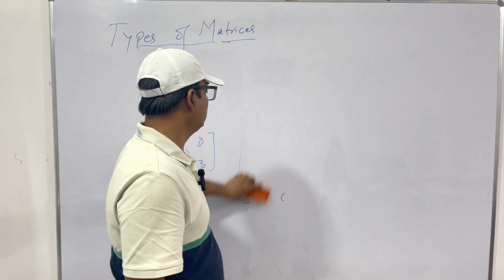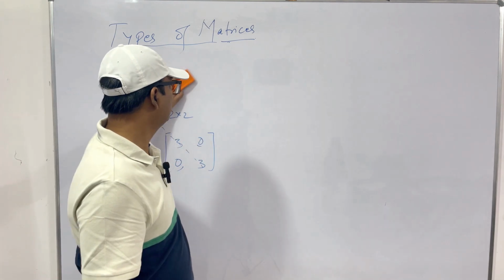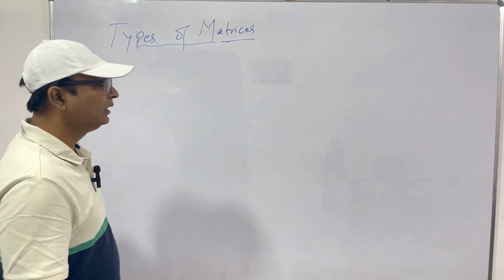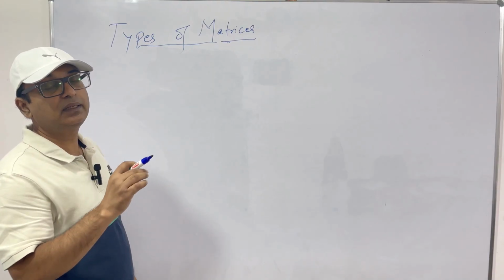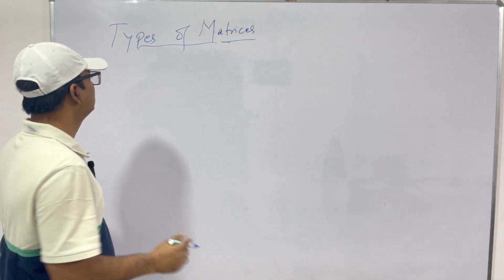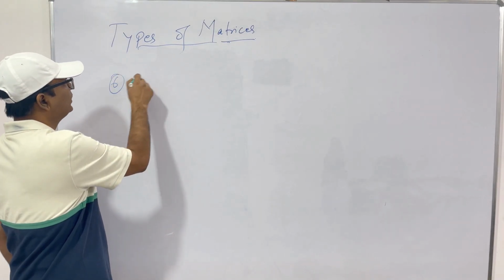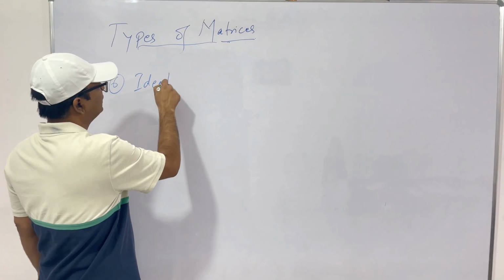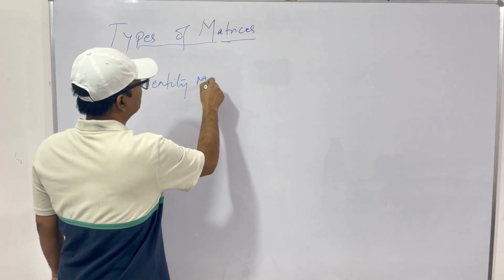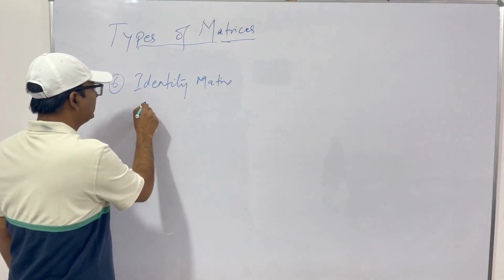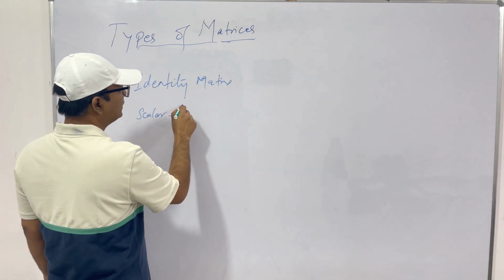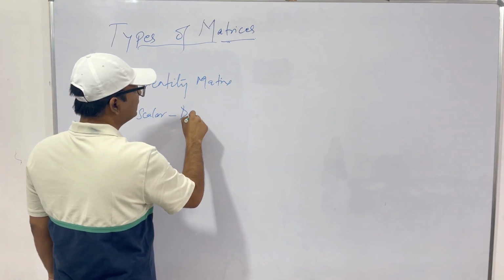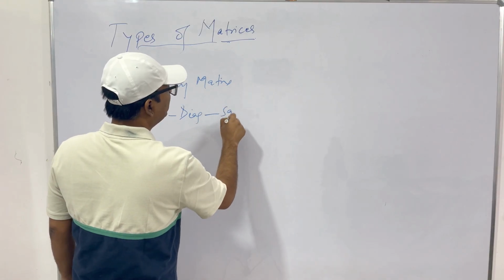Now we will see our sixth type, that is called the identity matrix. It is a scalar matrix in which all the diagonal elements are equal to 1. So this is our sixth one, the identity matrix. So what is it? It is a scalar matrix. Scalar means it is a diagonal matrix, and diagonal means it is a square matrix.